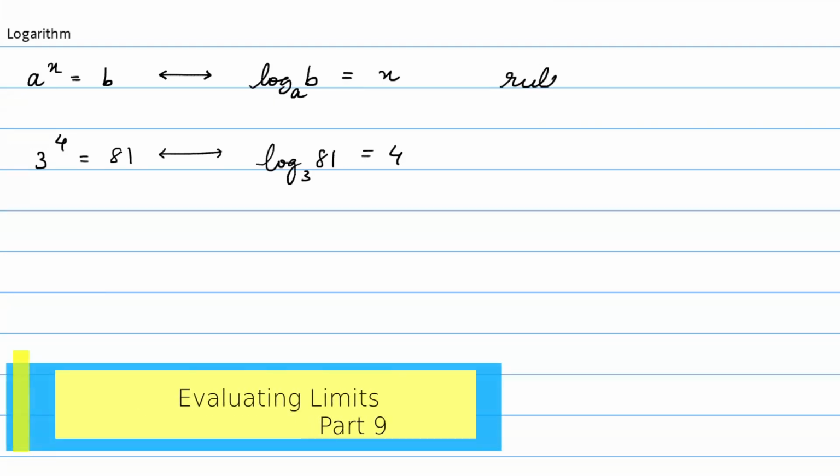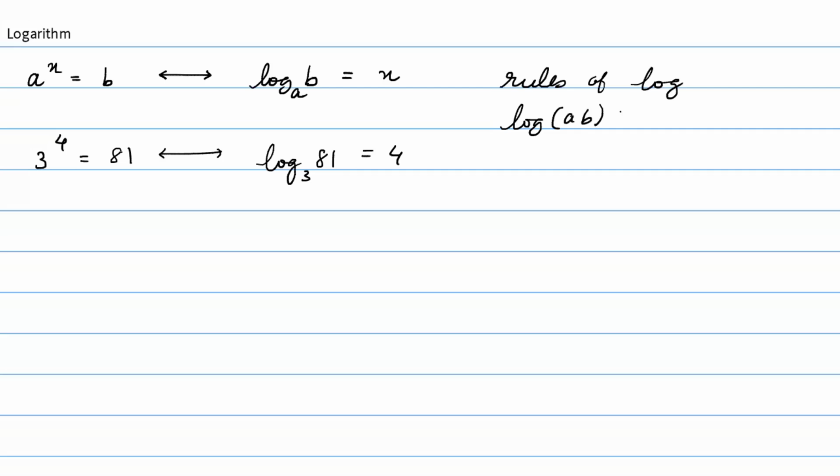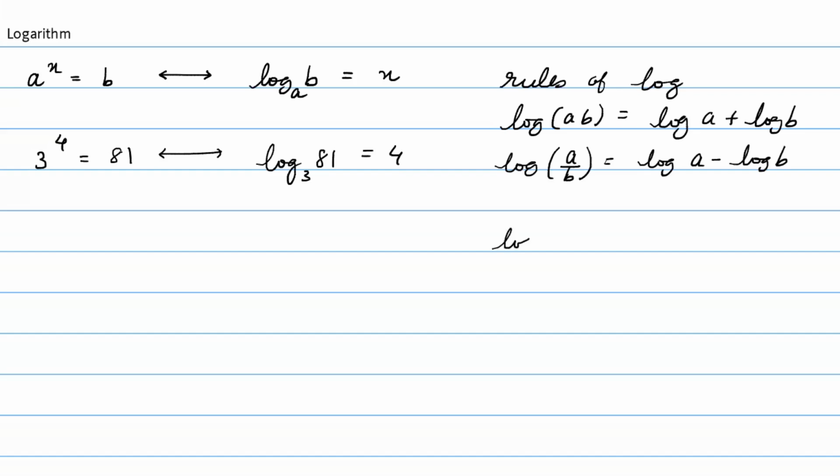And then you have rules of logarithm. So log of a into b is equal to log a plus log b. Then you have log of a upon b is log a minus log b. Then you have log of a raised to m is m log a.